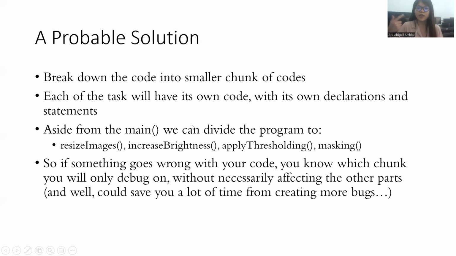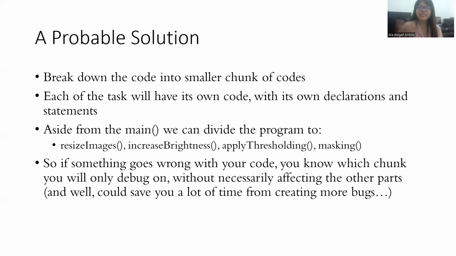So instead of putting all those tasks in only one big code, what you can do is break down the code into smaller chunks, right? Each of the tasks, the resizing, increasing the sharpness, applying thresholding and masking, will have its own code with its own declarations and statements.